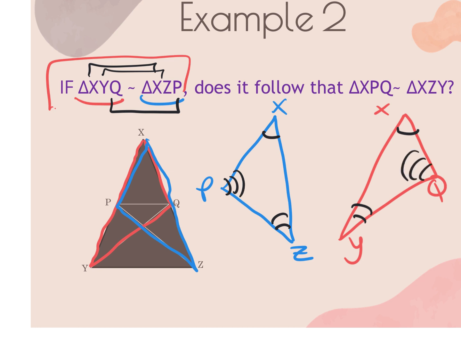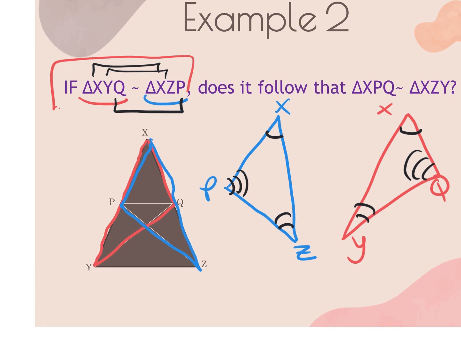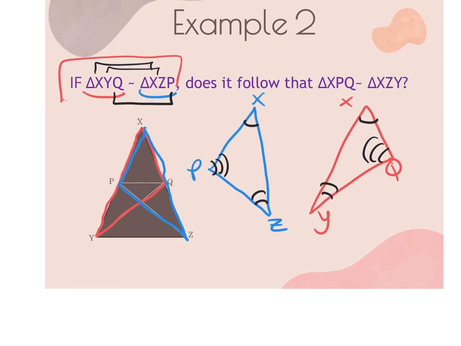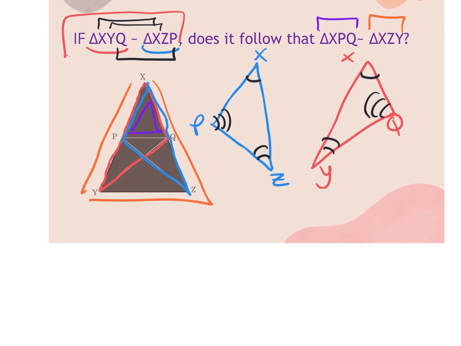Now, what it wants me to do is try to check to see, is this triangle XPQ, so this little one at the top, is it similar to the large triangle, the XZY? So the whole thing. So let me redraw these.